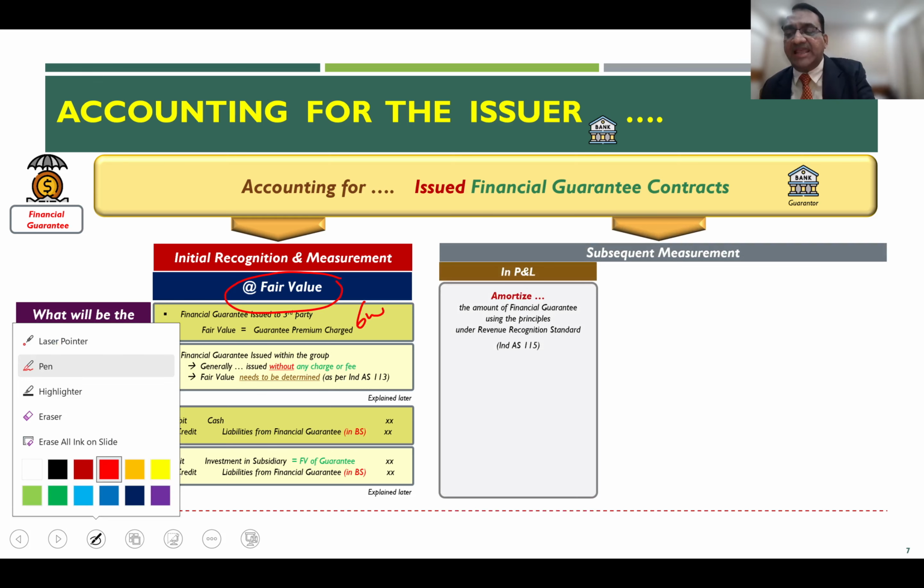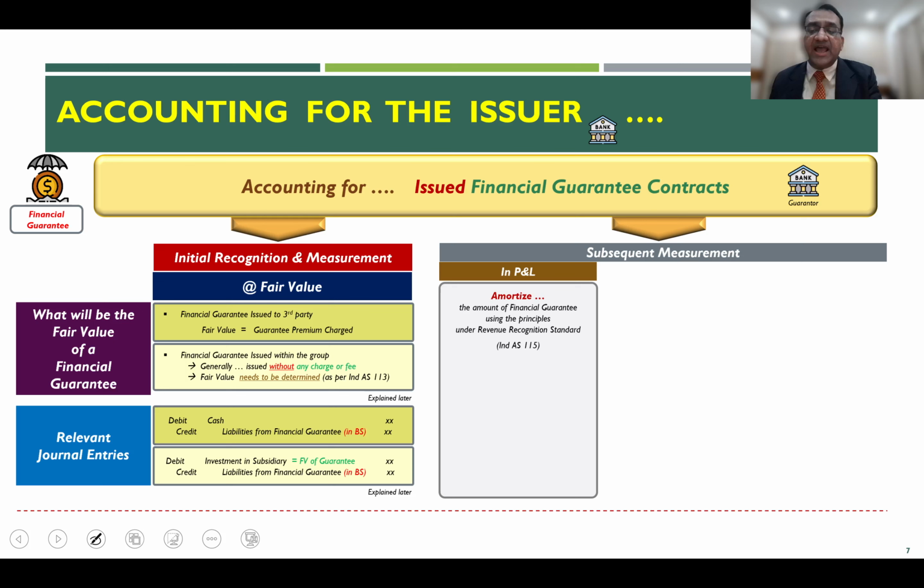Now subsequently, let's say this journal entry, when you see this, okay? Now the fee which has been charged by the guarantor is required to be amortized by the guarantor in the P&L as revenue over the life of the guarantee.